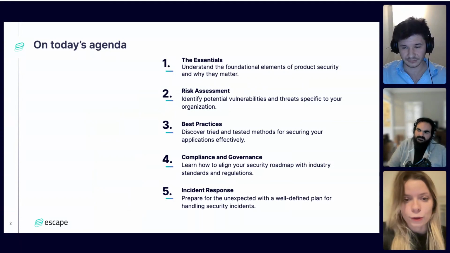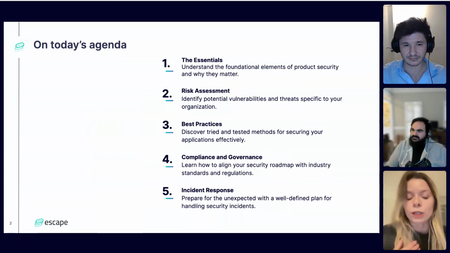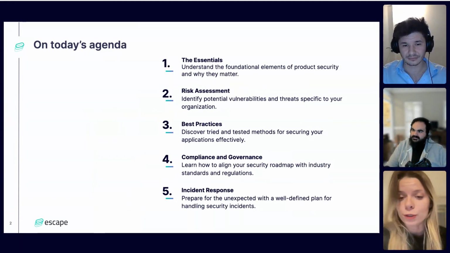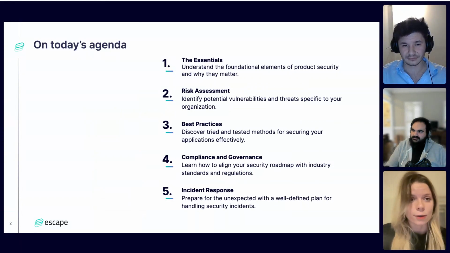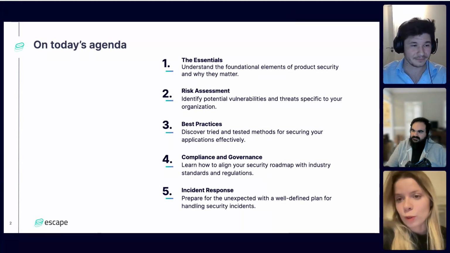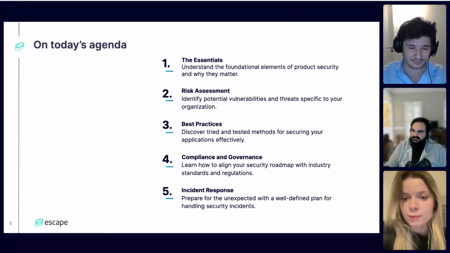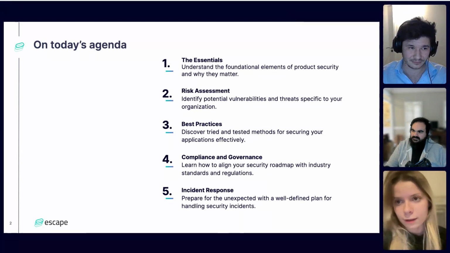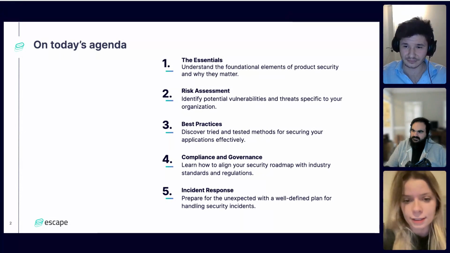After that, we're going to show how you can align your security roadmap with the industry standards, covering SOC 2, HIPAA, PCI. And at the end, we're going to cover incident response, to help you prepare for unexpected threats with a very well-defined plan for handling different security incidents.